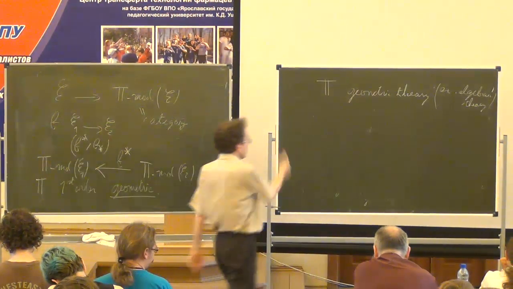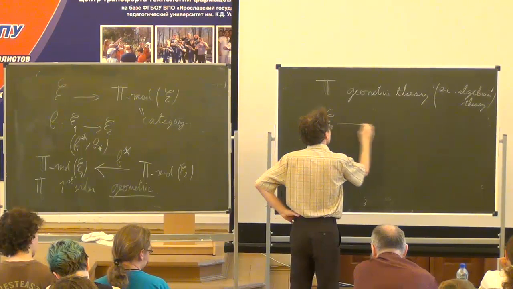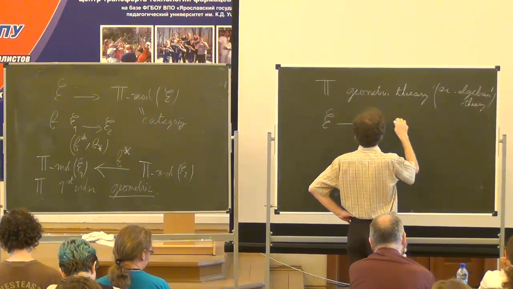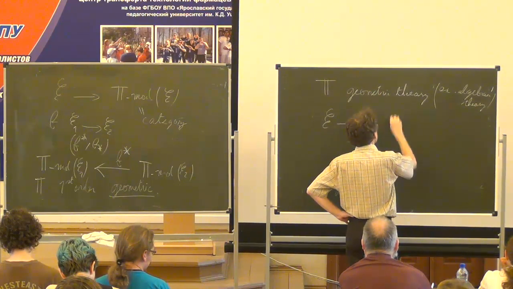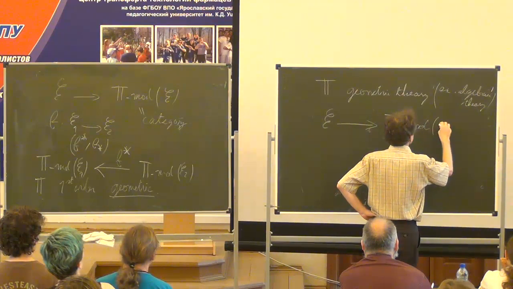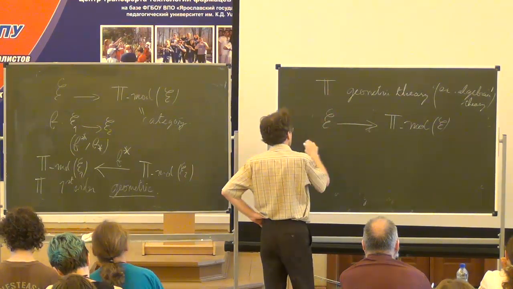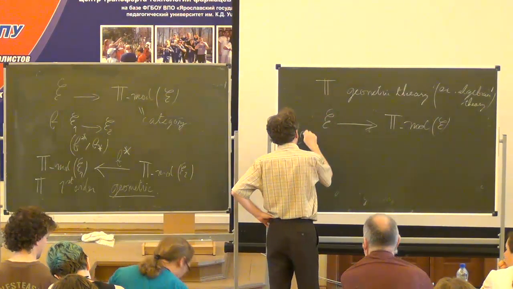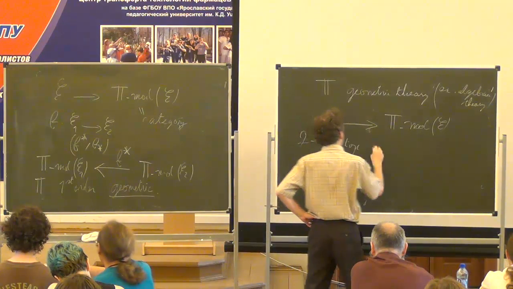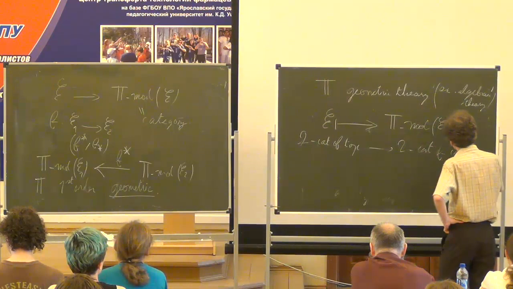And then for such a theory, you have this functor from toposes, here, where is it defined? It is defined on the true category of toposes, and it goes to the true category of categories.